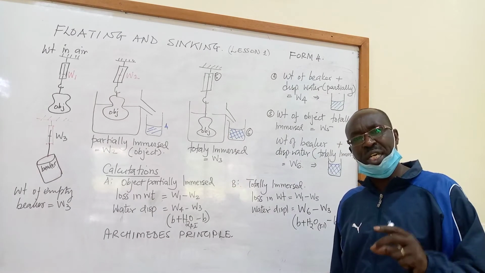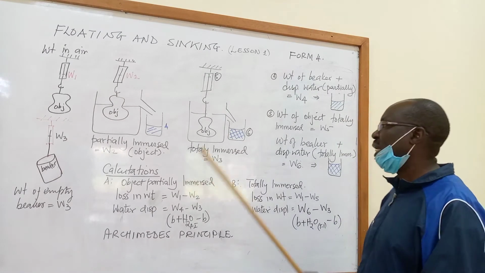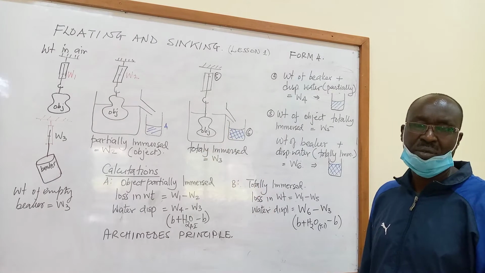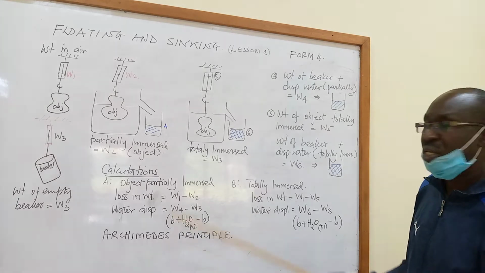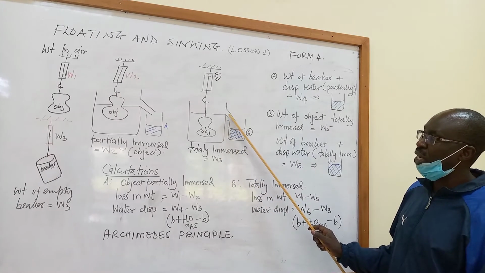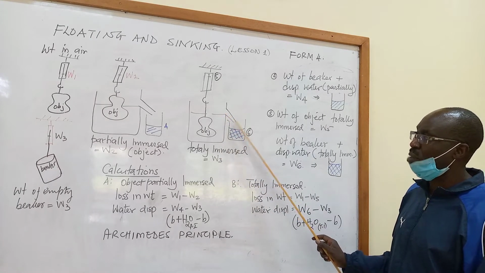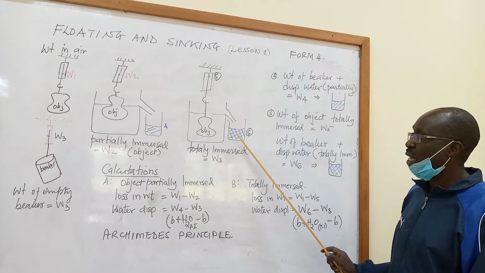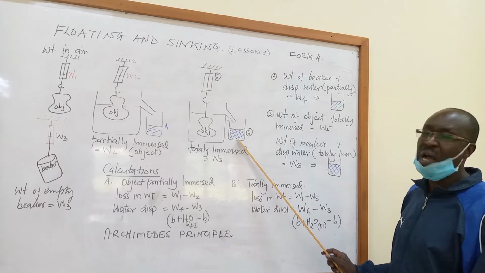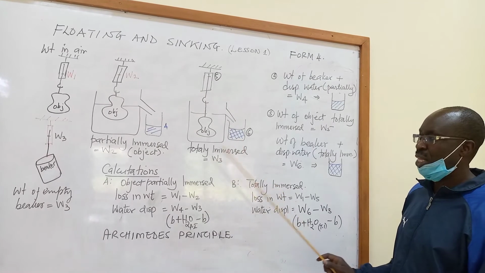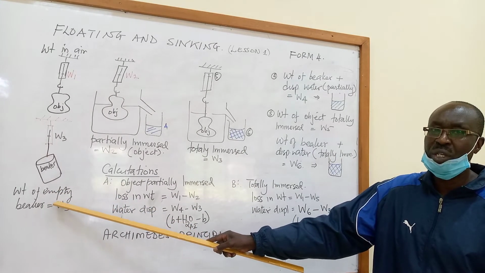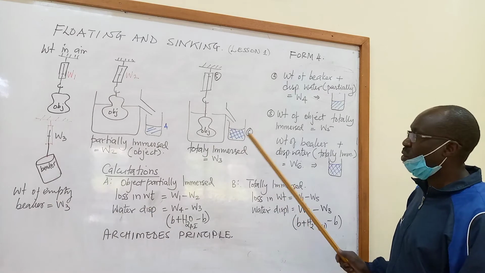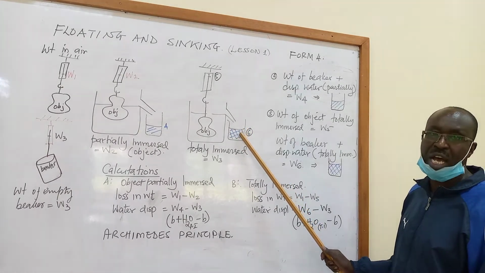Immerse the object completely in the water. Completely in the water. The Eureka can will allow some water to come out and be collected in a beaker that you had weighed. So you know the weight of the beaker, and now you have some additional water.